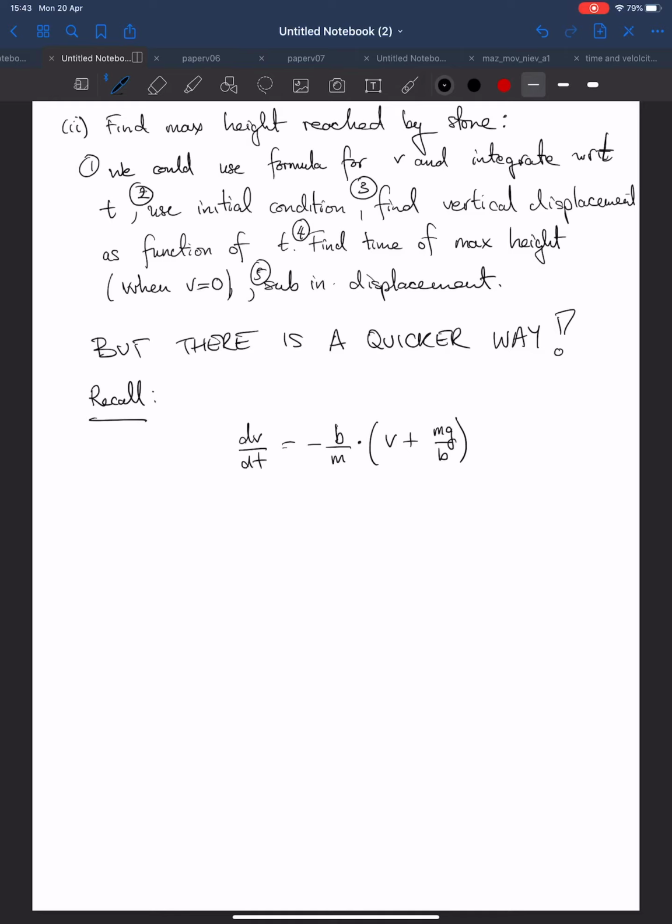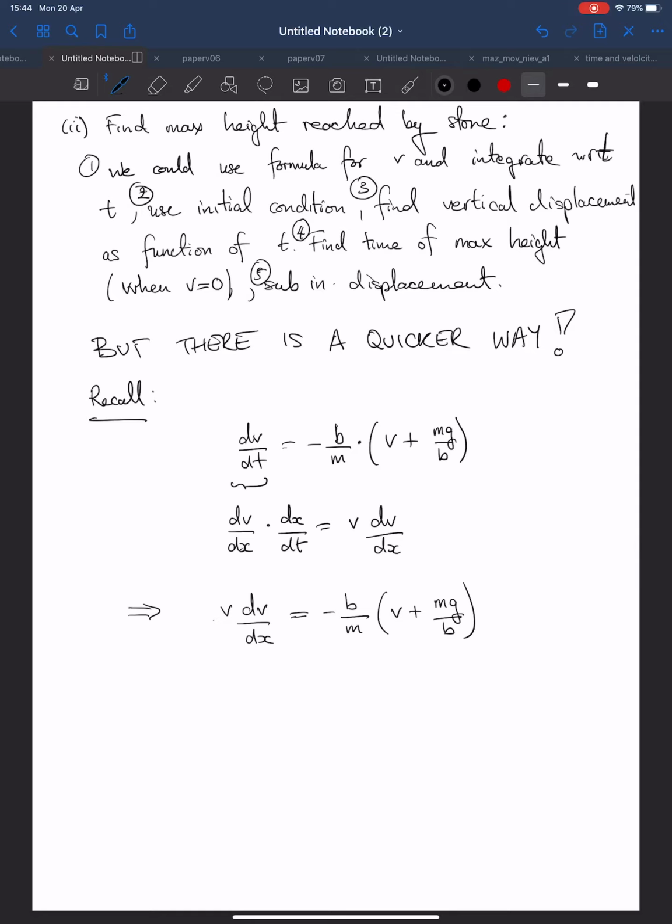So what I can do is use the chain rule: dv by dt is dv by dx multiplied by dx by dt, which is exactly what we did in the Romeo and Juliet problem with the cream egg. So this is v dv by dx. Good. So now I've converted the problem into one of finding v as a function of x, which will hopefully cut out all this business of having to do these 5 steps.